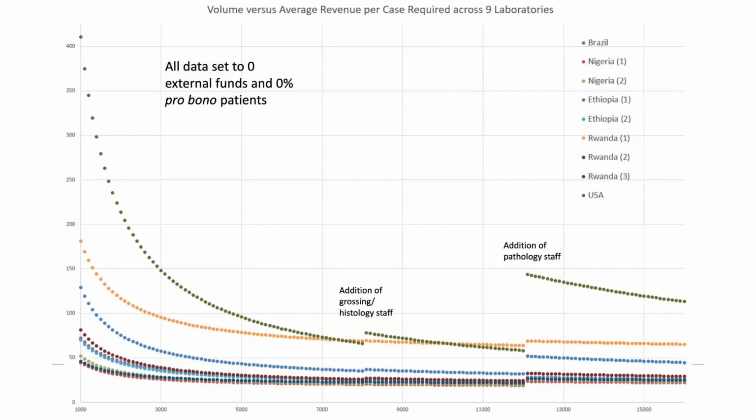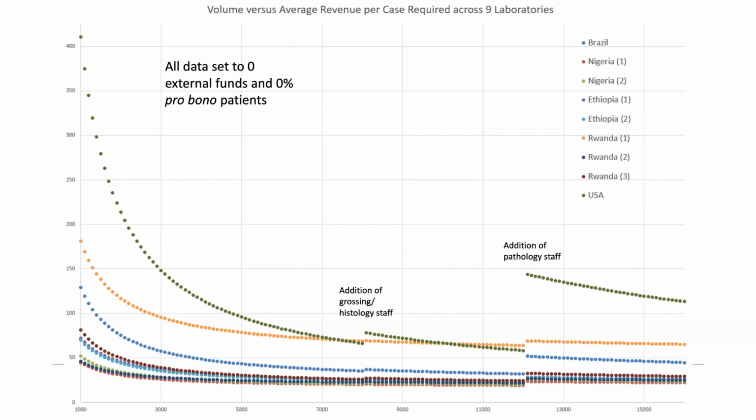So what's really interesting is, and the green line is a US lab, when you get to this plateau between 8 and 10,000 samples, the African lab and the US lab become very similar. And it's because all of the cost at that point is the reagents. They've distributed the cost of the pathologist over all the patients.